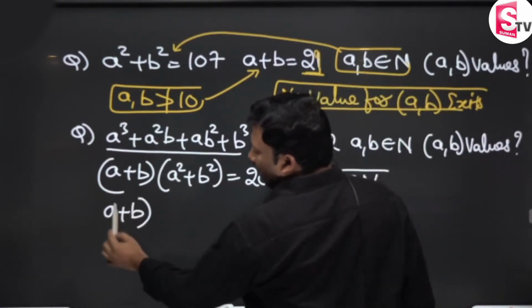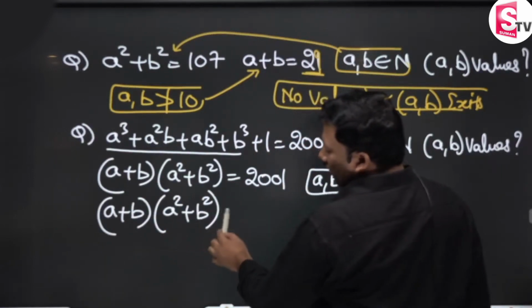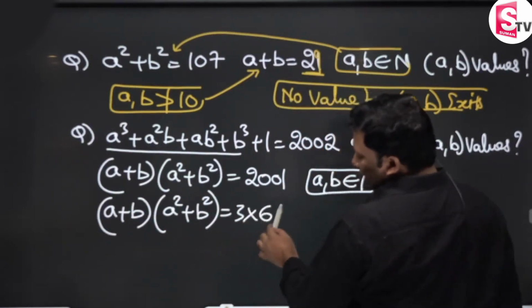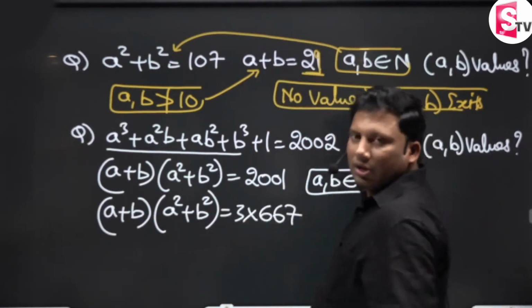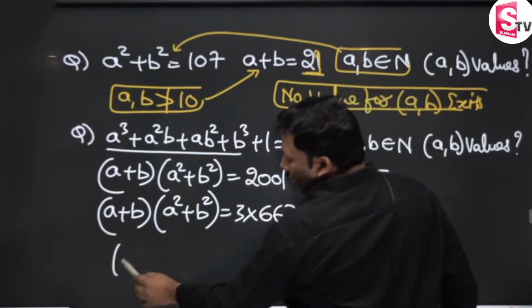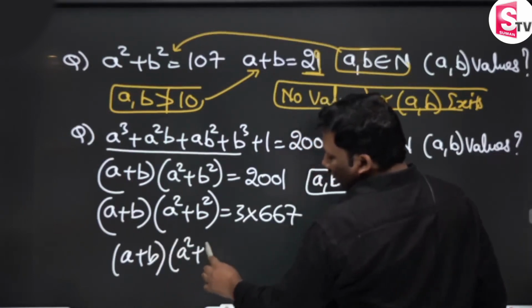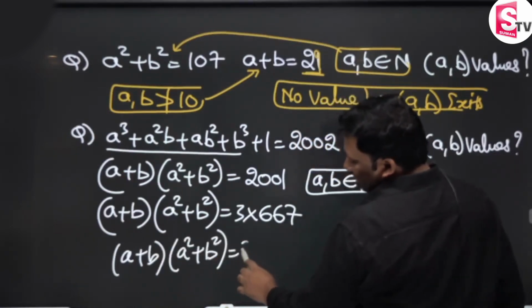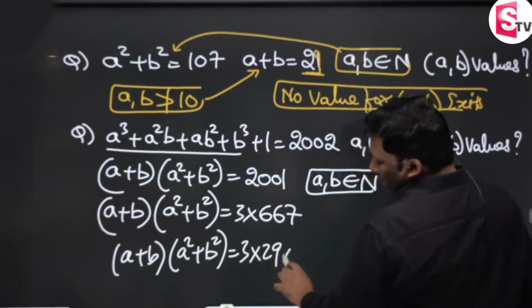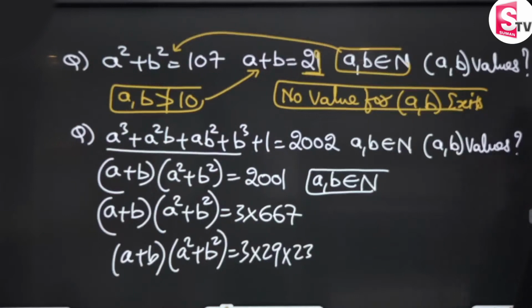So this will become A plus B into A square plus B square equivalent to 3 into 667. 2 plus 1 is 3, so it is divisible by 3. 667 factors are 29 into 23.